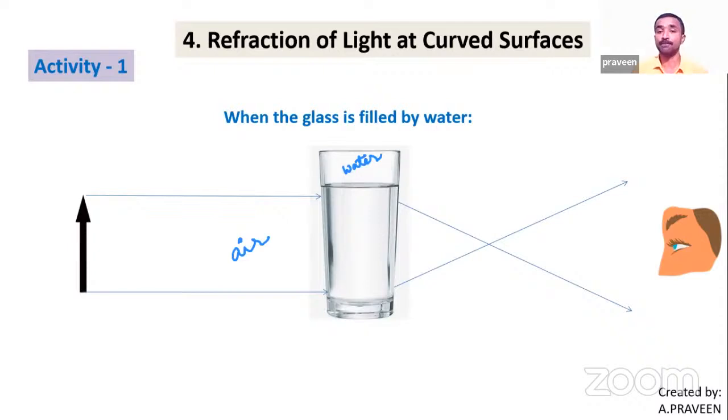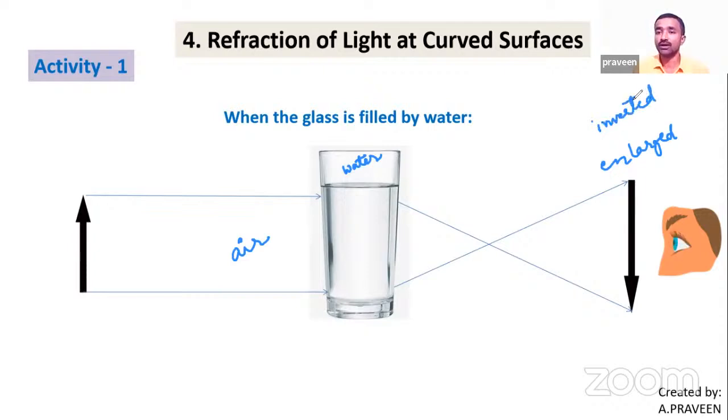So your image of the object will be viewed like this from the other side. And you can compare the size here: it is large. We can call it an enlarged image. And for the facing direction, the object is upward and the image is downward, so we can call this image an inverted image.